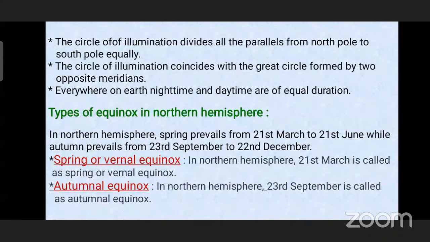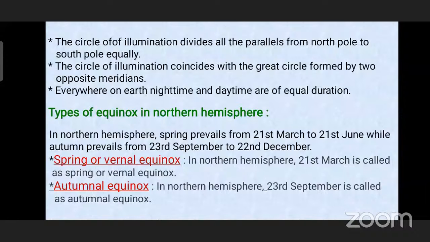What is this great circle? In the 6th standard, you have studied meridians. They are the imaginary vertical lines. So, this circle of illumination coincides with the great circle formed by two opposite meridians. And in this equinox position, on the earth, night time and daytime are of equal duration.